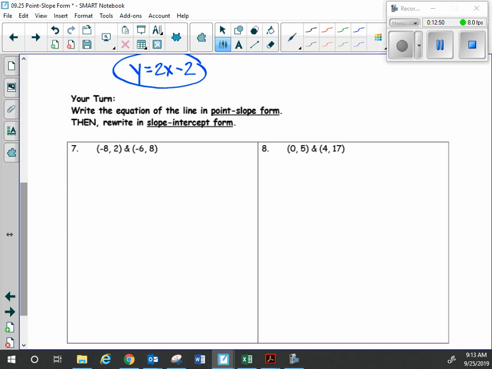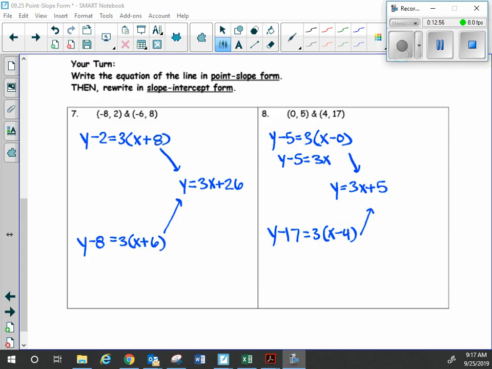Okay, and then you got 2 more for us to check together in a couple of minutes, and then you can start working on that separate page. Okay, go ahead and check with number 8.